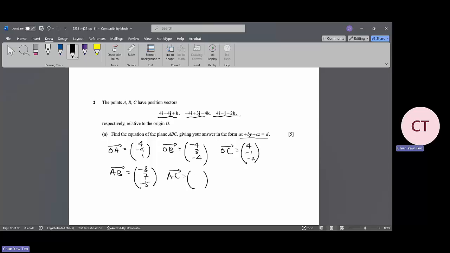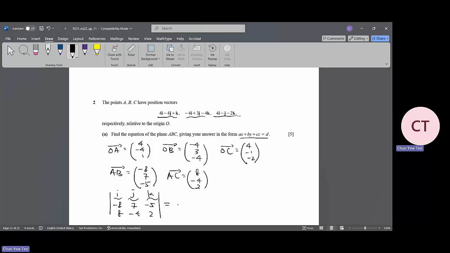For AC, just take OC minus OA, you get 8, negative 4, 2. So in order to get the normal vector for the plane, I will just need to take the cross product between AB and AC.